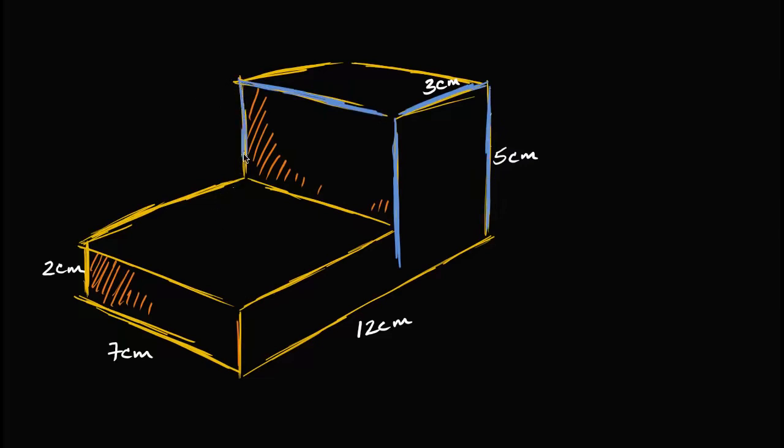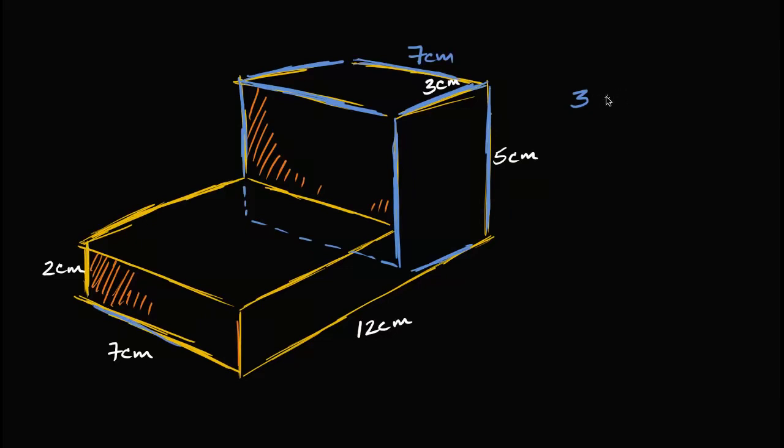And if this part right over here was transparent, you would see it look just like this. And so this one, once again, is 3 centimeters wide, 7 centimeters long. So this distance right over here is going to be the same as this distance right over here.